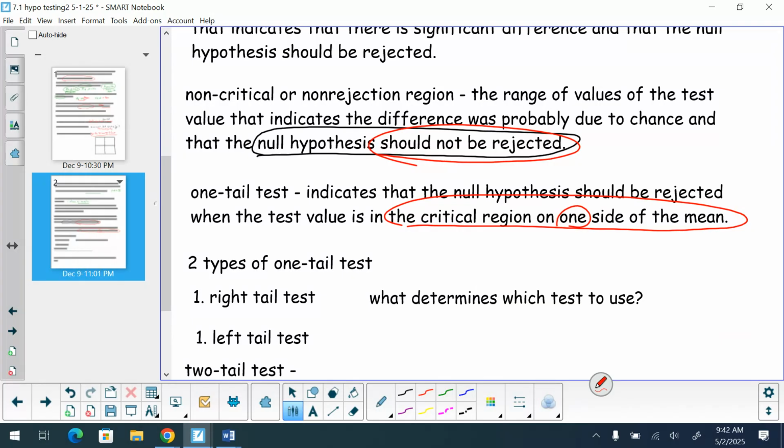There's two types of one-tailed tests. You can have a right tail and a left tail. What determines which test is the alternate hypothesis.